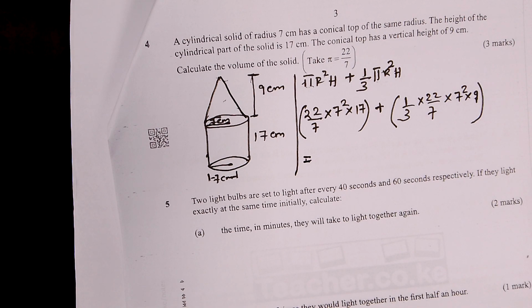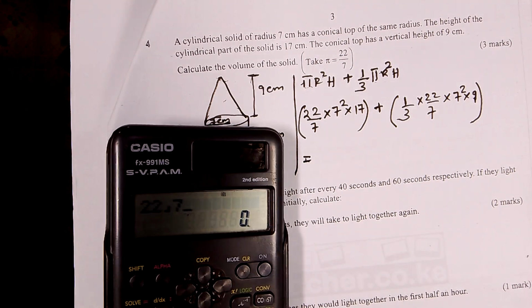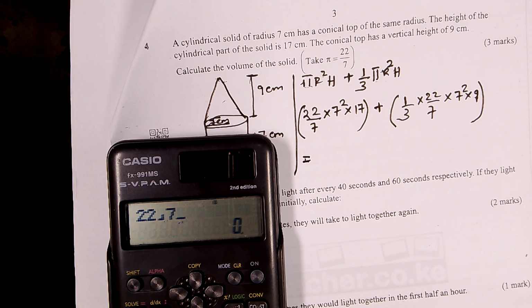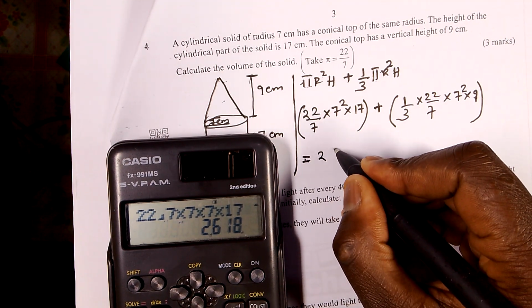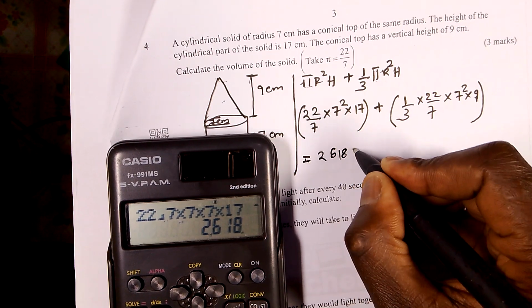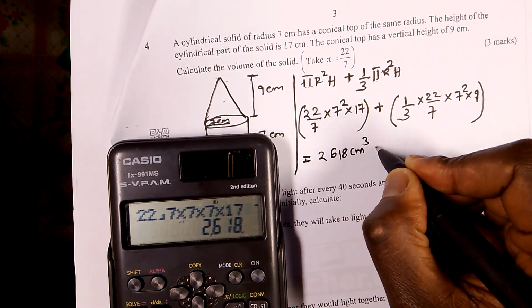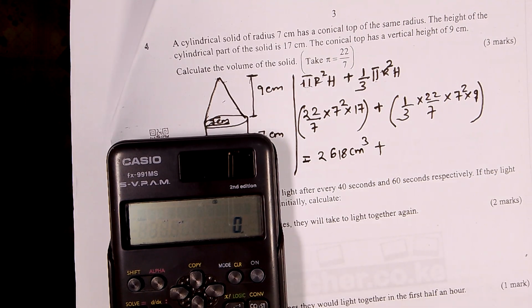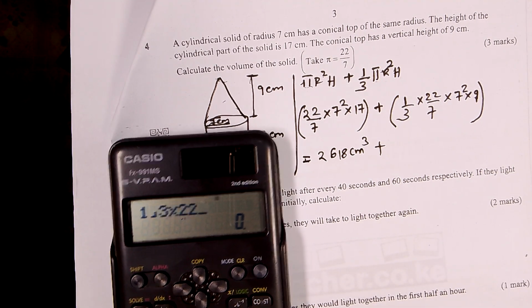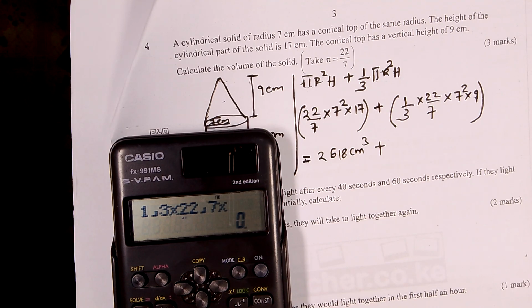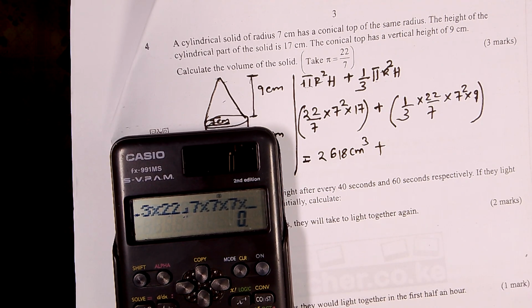So 22 over 7 multiplied by 7 times 7 times 17. The volume of the cylindrical part will be 2,618 centimeters cubed, plus the volume of the conical solid, which is a third times 22 over 7 times 7 times 7 times 9.